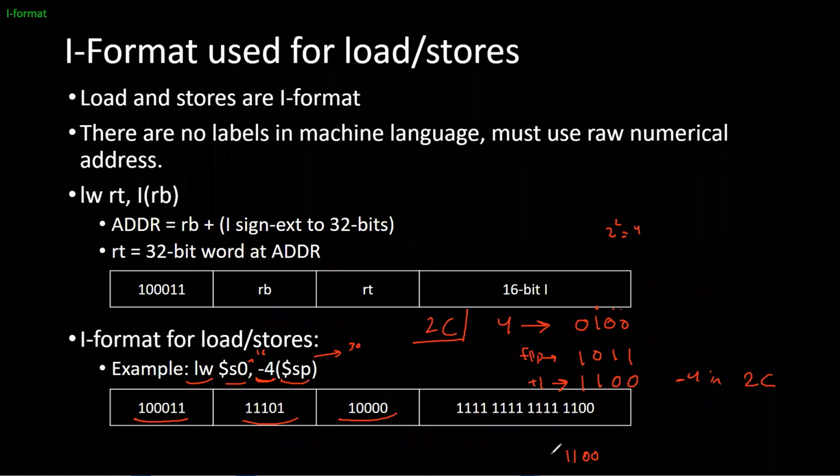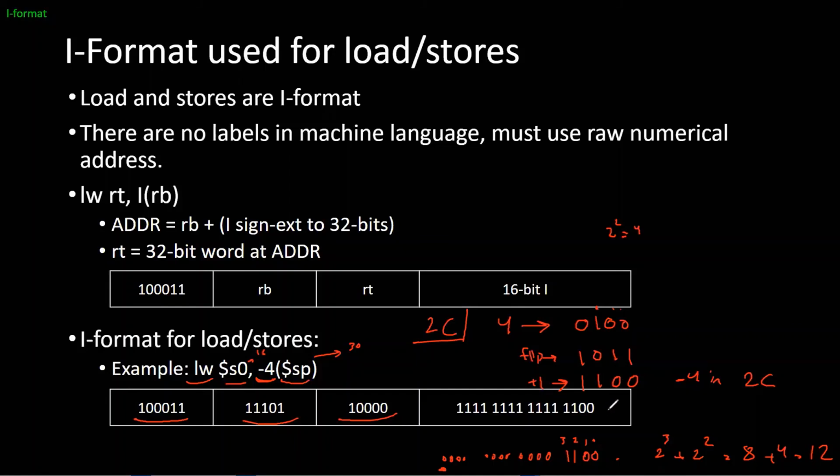If somebody gives you this number, zeros and then 1 1 0 0, and tells you to convert it, it looks like a positive number because the last one is a 0. So you'd do 0, 1, 2, 3: 2 to the 3 plus 2 to the 2, that's 8 plus 4, equal 12. But that's not what we have here. We have -4. And the reason is that you have to sign extend.